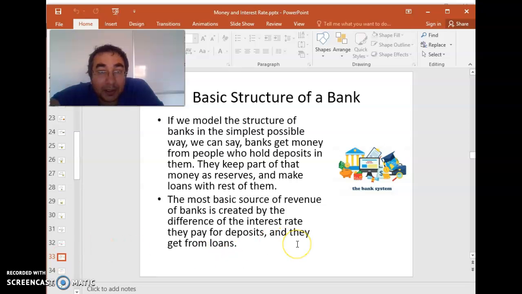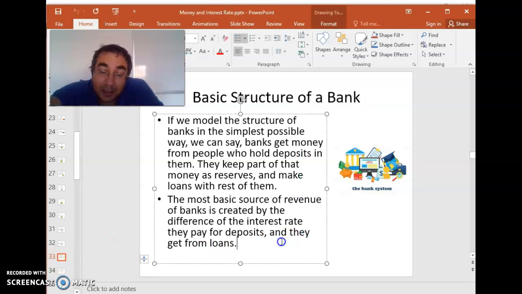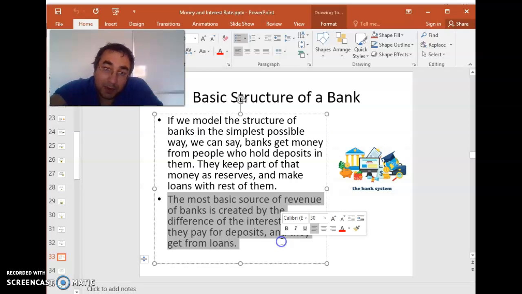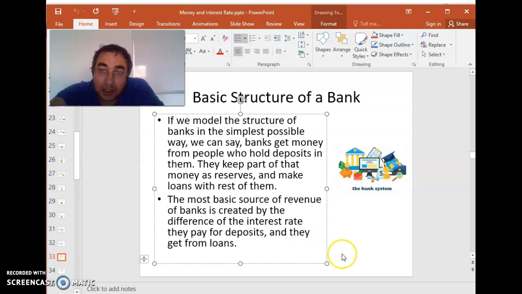Banks have different functions, like providing cards, transferring money to faraway places, and offering complex financial instruments from which you can earn additional money.